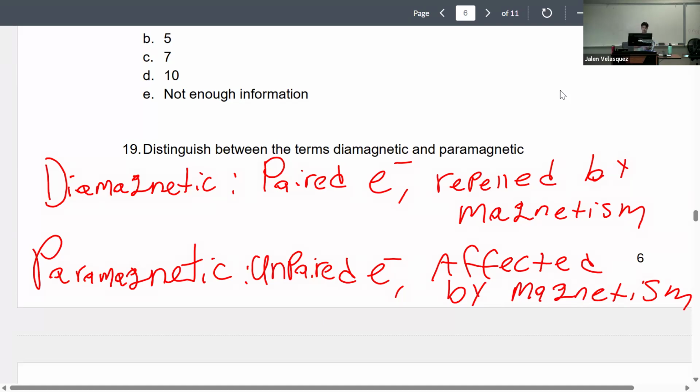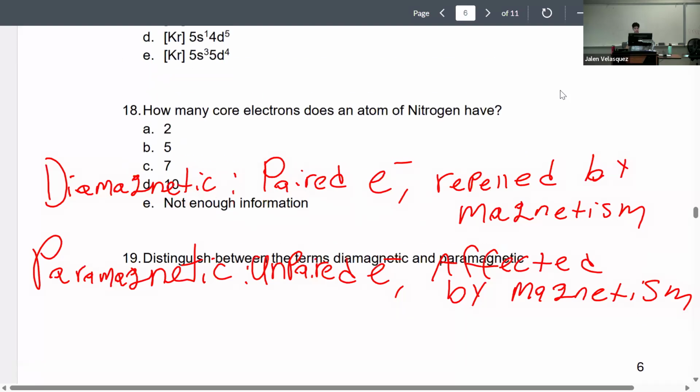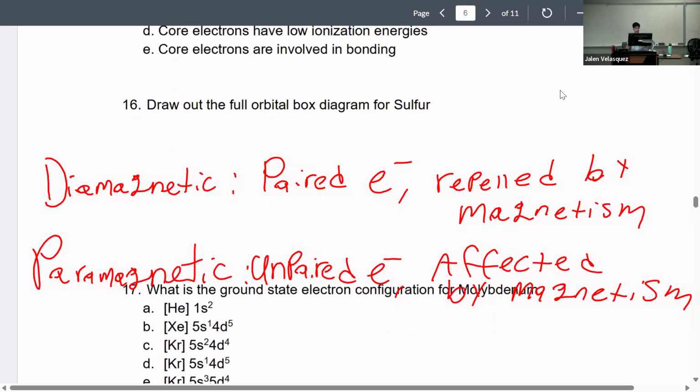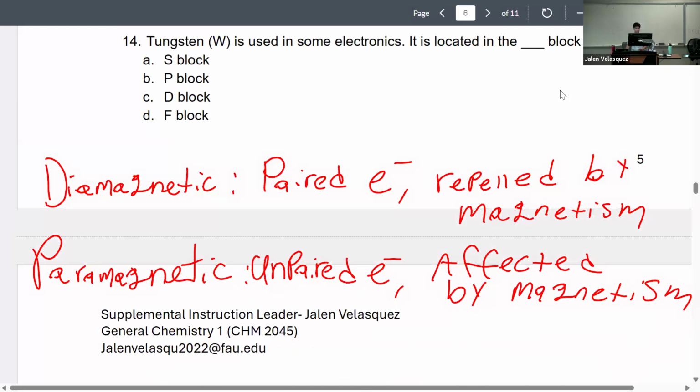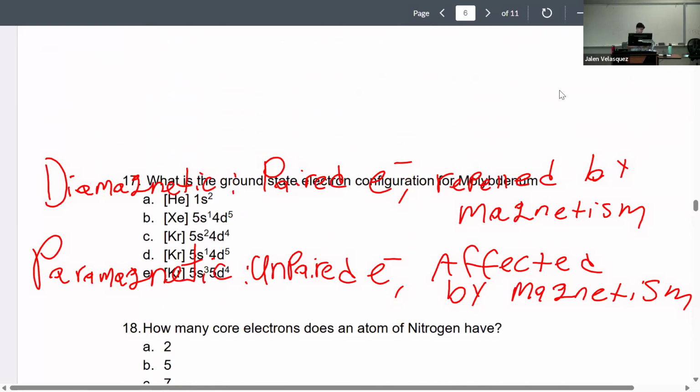All right, so just make sure you're able to look at an electron configuration, and they'll ask, is this diamagnetic? Is this paramagnetic? Okay, you have a question? So the one that we did for sulfur, right?